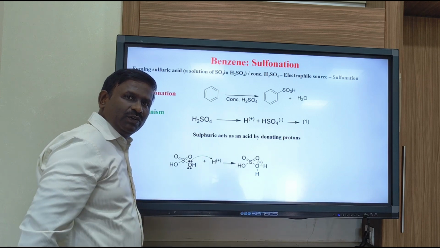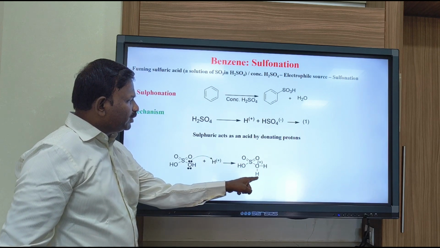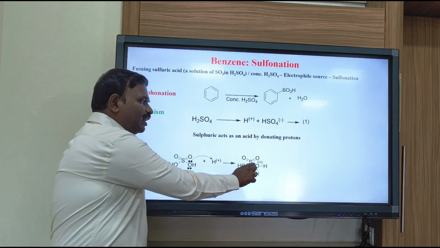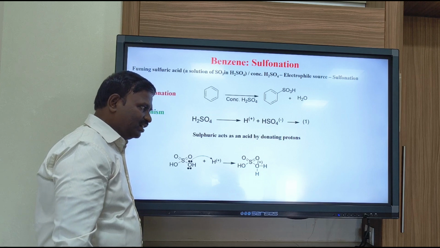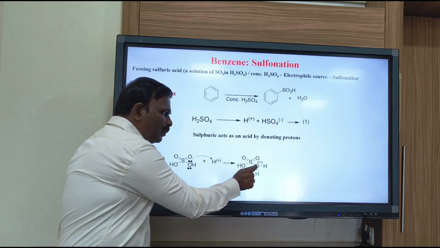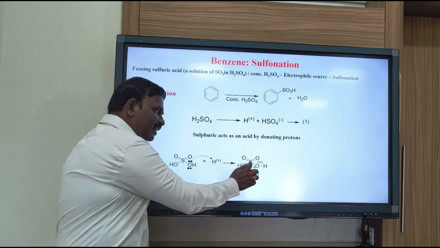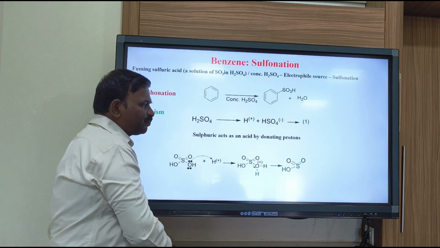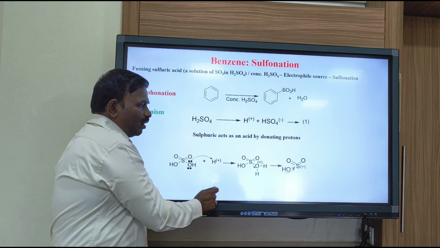Oxygen's valency, as we know, is 2, but it is bonded with 2 hydrogens and 1 sulfur, so it has become 3. That's why it has become an electron deficient center. To satisfy this positive center, the bond between sulfur and oxygen breaks, and the electrons move towards the oxygen to give rise to SO3H and water.